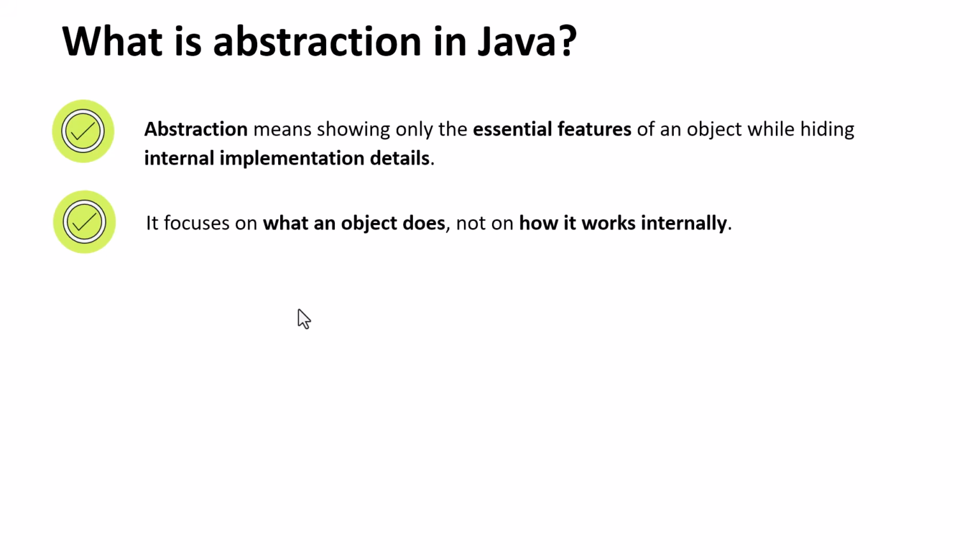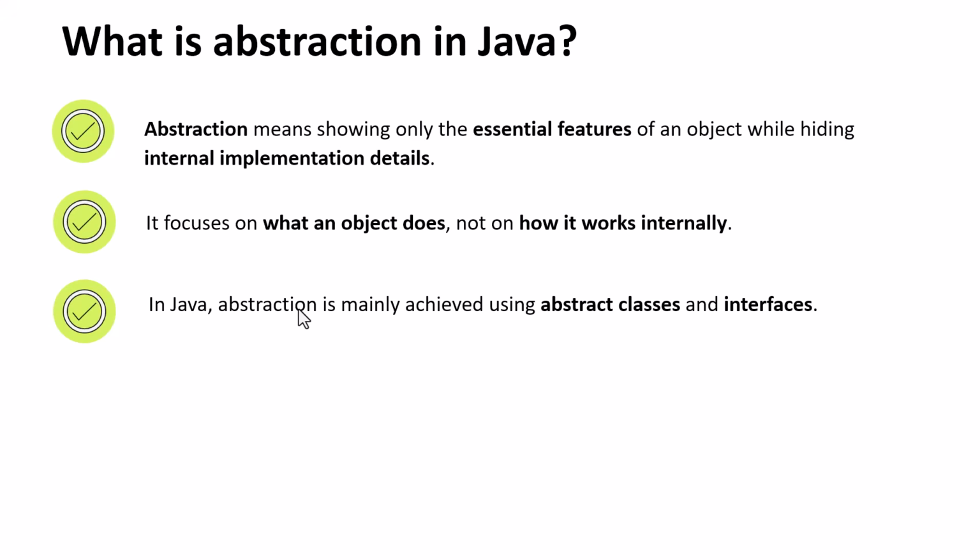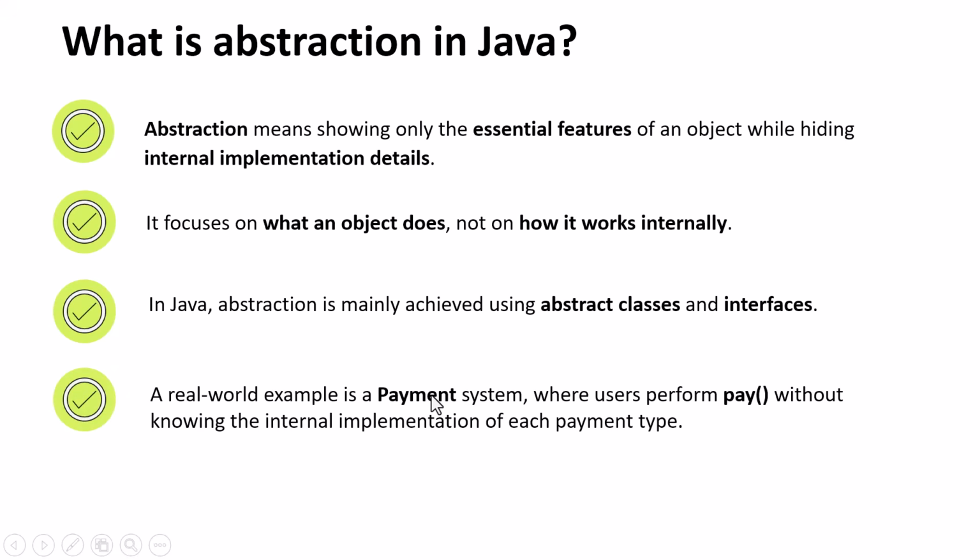In Java, abstraction is mainly achieved using abstract classes and interfaces. These allow developers to define common behavior contracts while leaving detailed implementation to child classes or implementing classes. A real-world example is a payment system.